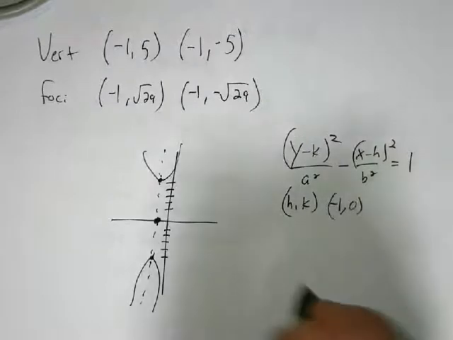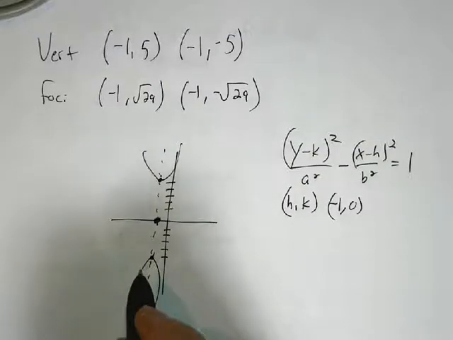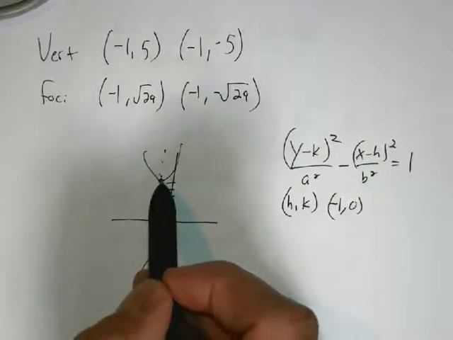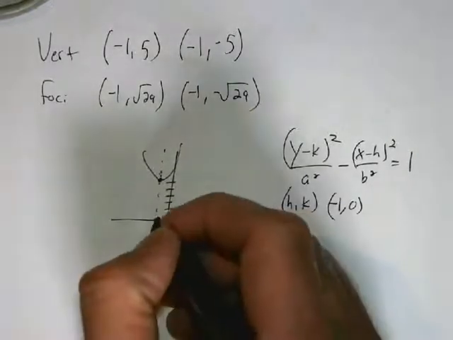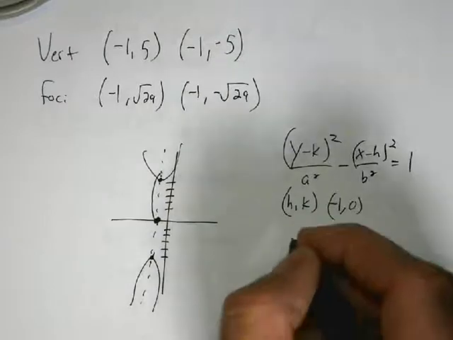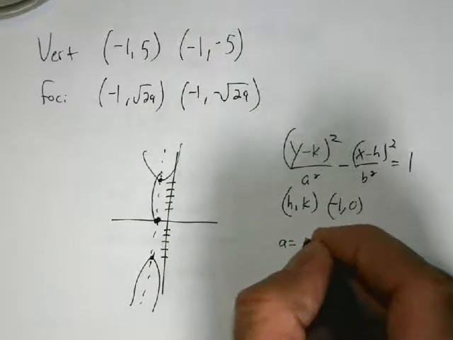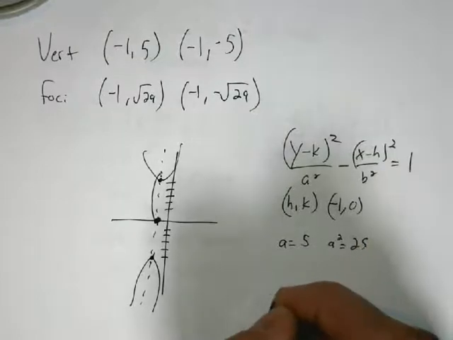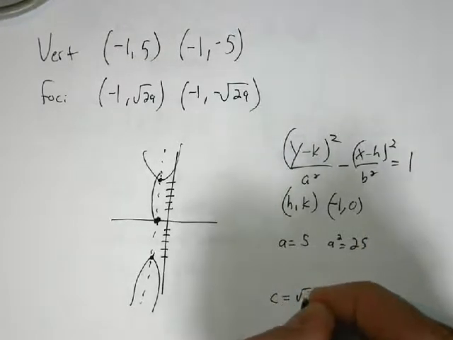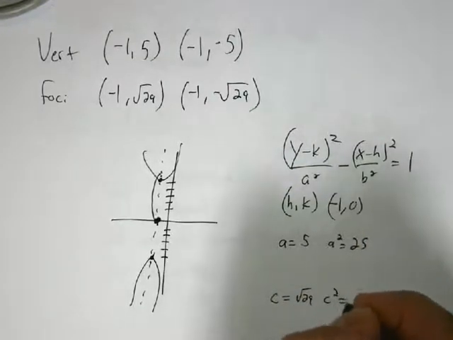Okay? Now we also know that your foci is root 29. So root 29 is a little bit more than 5, so it's up here. So that means my c value, well, first of all, we know your a value is 5, so a squared is 25. Our c value is the square root of 29, so c squared is 29.